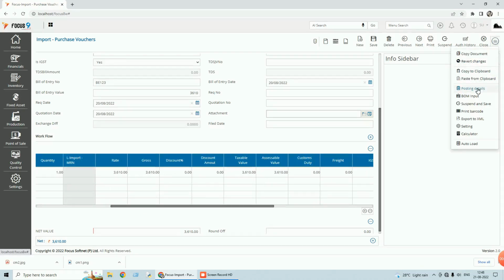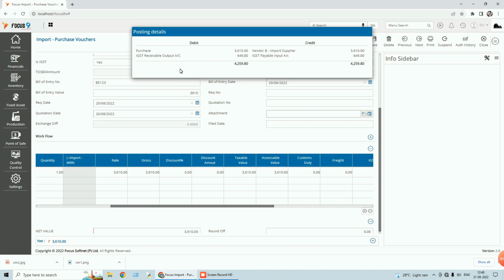Now if I go to my posting details here, you see this is an import supplier. The person who is sending goods from outside India is not eligible to collect the taxes from him. So what happens here is, on behalf of him we will pay these taxes and we will take this credit.